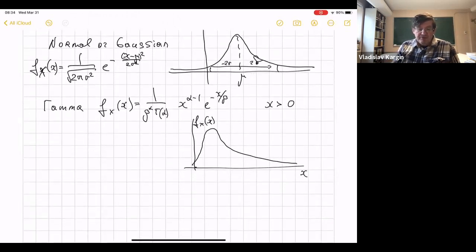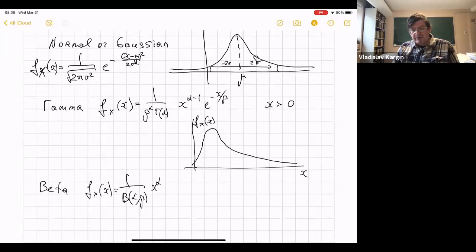Another distribution that we studied today was the beta, which is a generalization of the uniform on the interval from 0 to 1. Here f of x was equal to 1 divided by some constant, times x to the alpha minus 1, times 1 minus x to the beta minus 1.